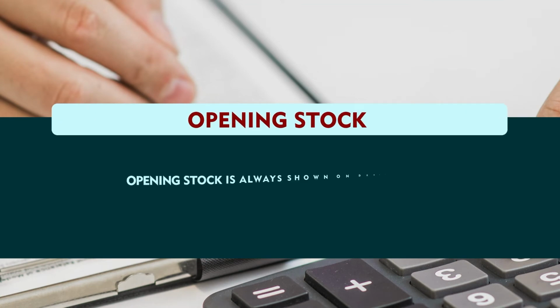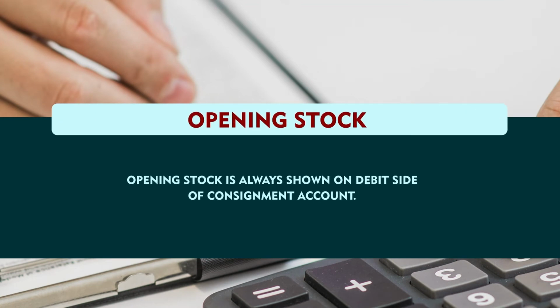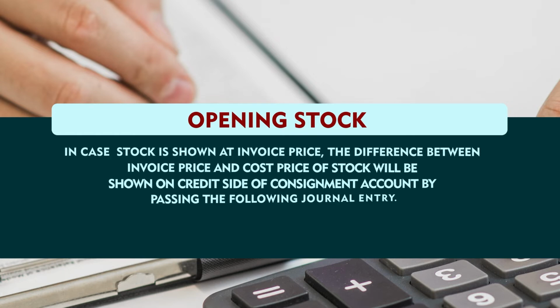Let us now take the items involving loading one by one and see how the necessary adjustments are made. So, the first one is opening stock. Opening stock is always shown on the debit side of the consignment account. In case stock is shown at invoice price, the difference between invoice price and cost price, that is loading of opening stock, will be shown on the credit side of the consignment account.